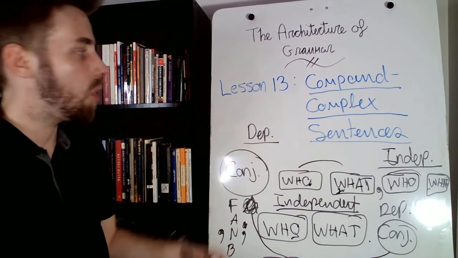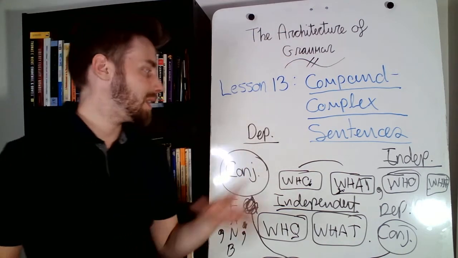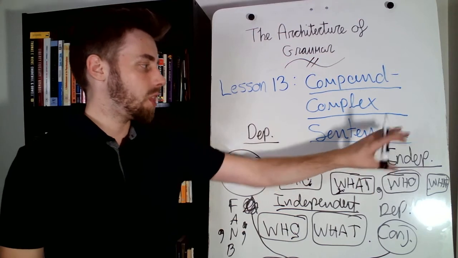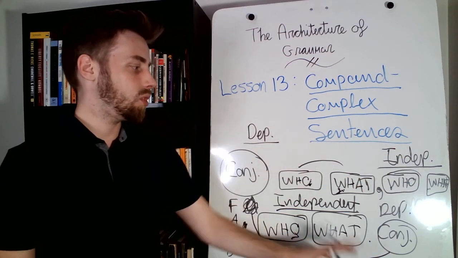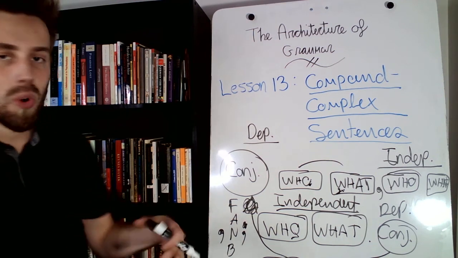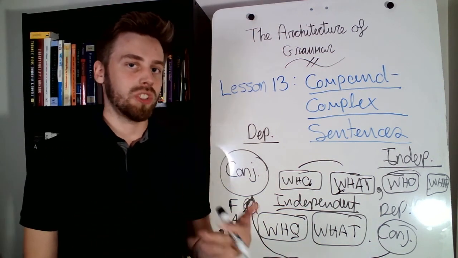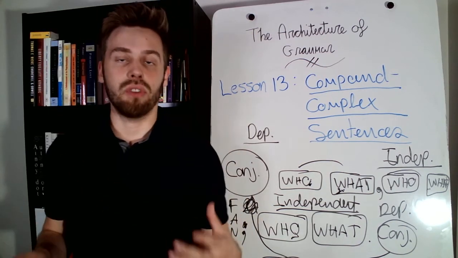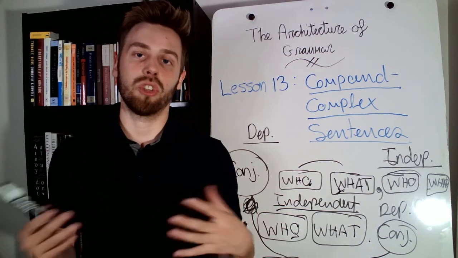Dependent clauses don't represent an idea because they don't tell the full story, but independent clauses do represent ideas, and so you don't want to have more than two independent clauses in your sentence. Otherwise, your sentence is going to be extremely complicated and difficult to understand, and your writing is going to be heavier.